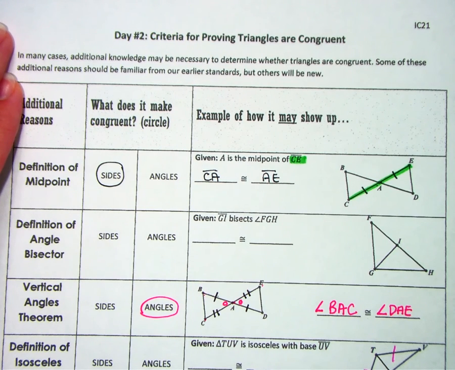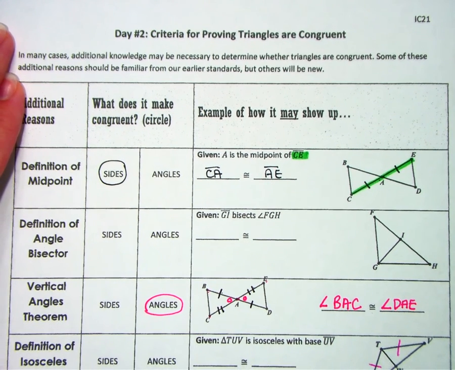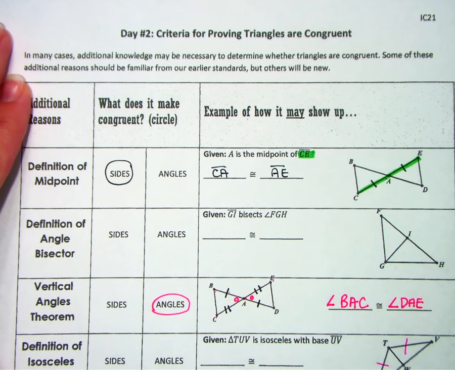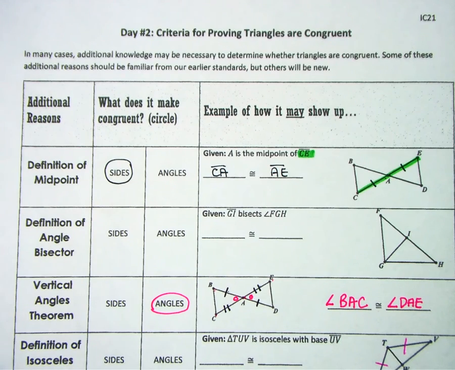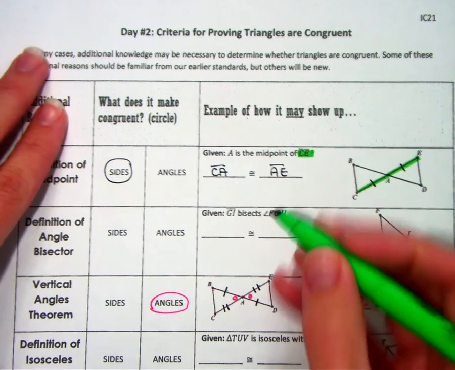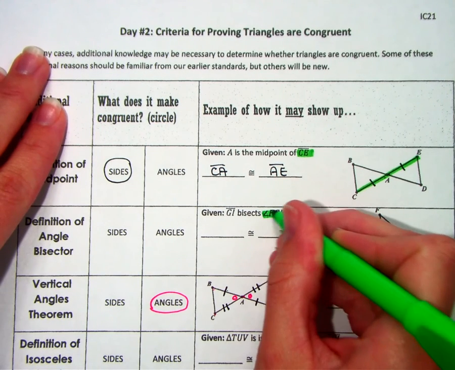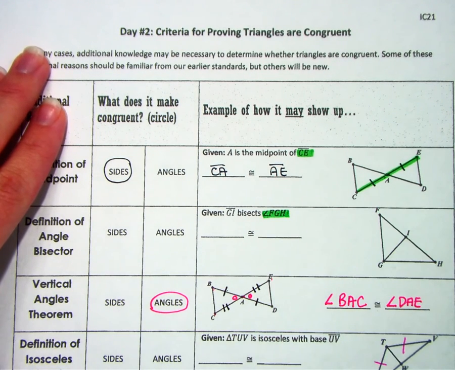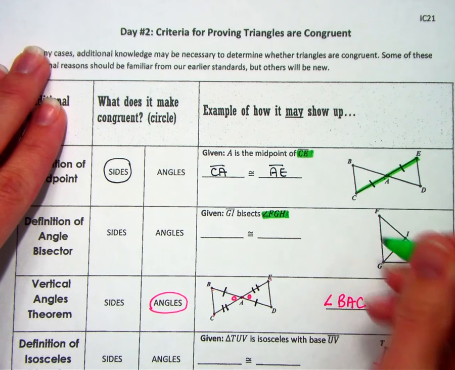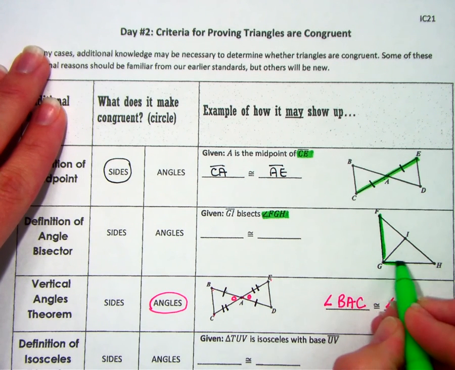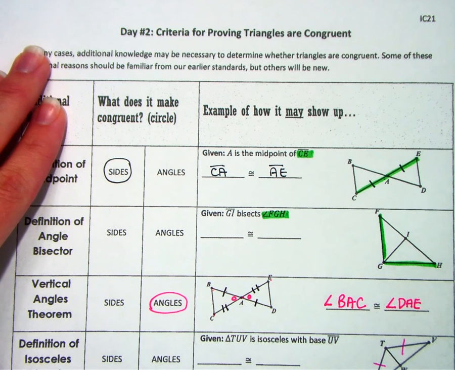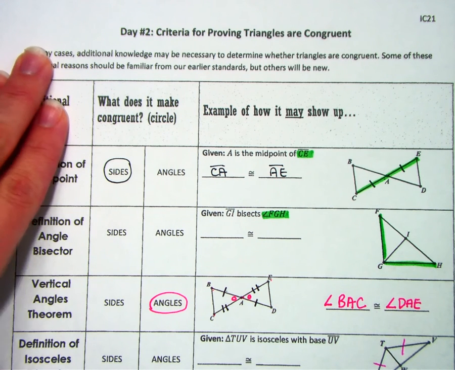What if it says that GI bisects angle FGH? What if you're given that statement? What I'm going to do this time is highlight the angle FGH, so F to G to H. That angle is being cut into two congruent parts.